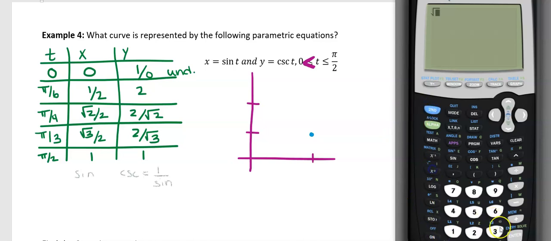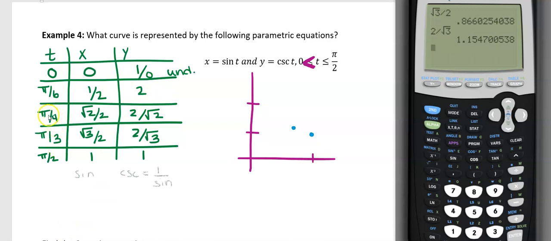So square root of 3 over 2 is 0.866, and then I would have 2 divided by the square root of 3. So my next ordered pair is going to be 0.866, 1.155. And now that I've plotted that point, I can do the same process for the root 2 over 2 and 2 over root 2 to get that decimal approximation, and then the other should be relatively easy.